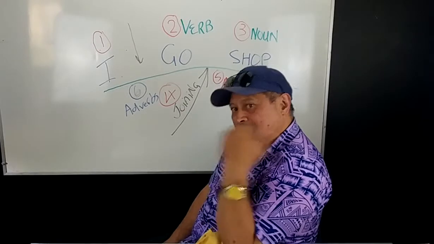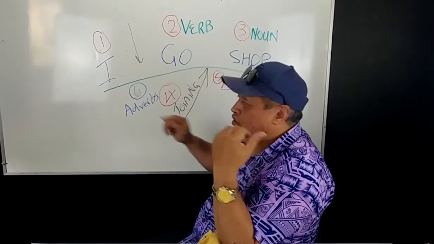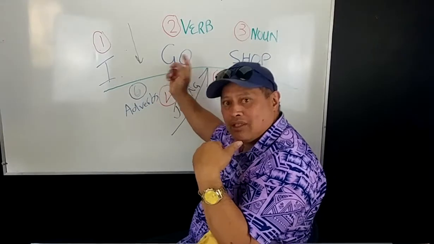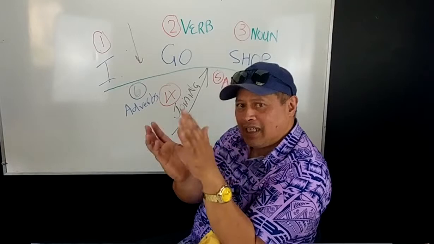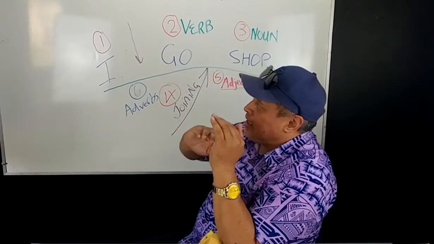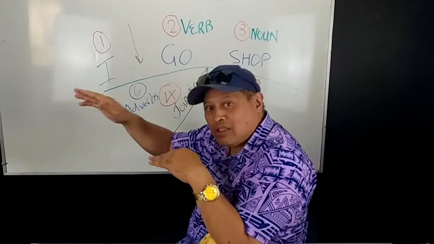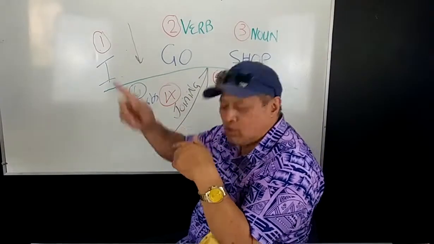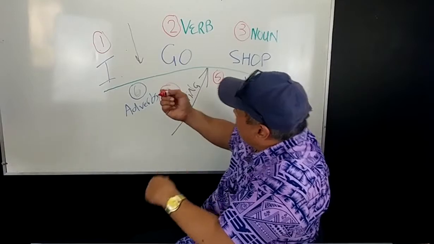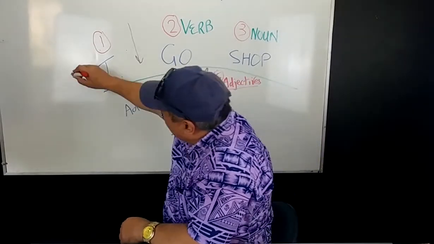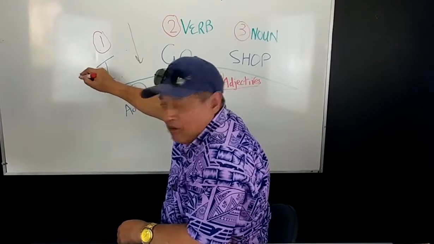But if you've already done it, "I have gone to the shop," or "I went to the shop this morning," it's in the past tense. And then there's the future tense: "I am going to the shop," "I'm going to school." In Maori, it's quite simple. There are 3 tenses.